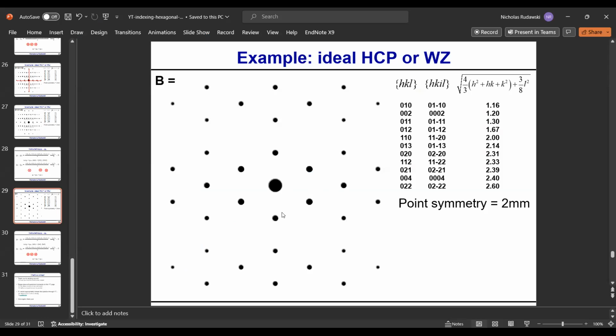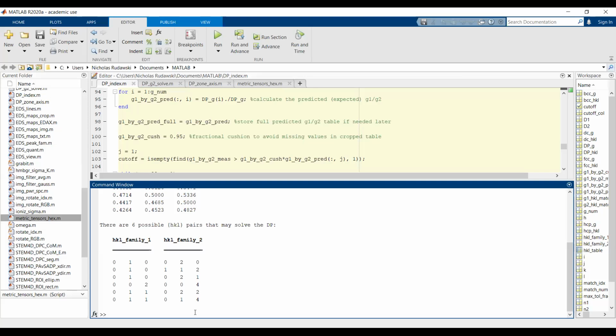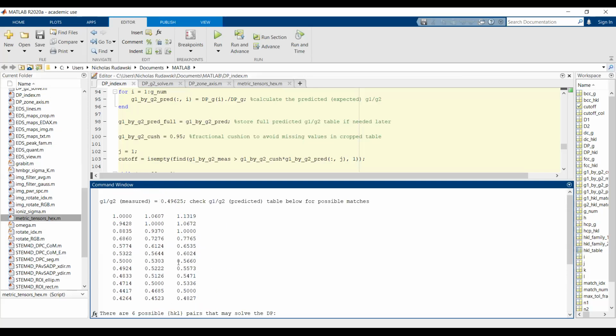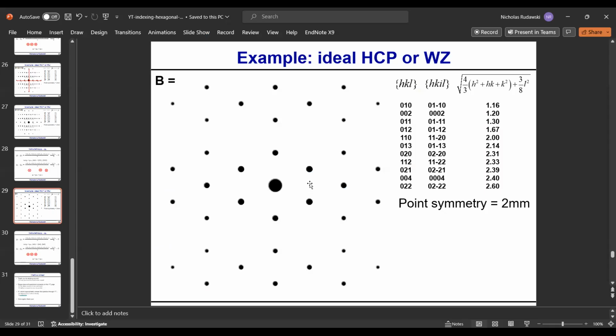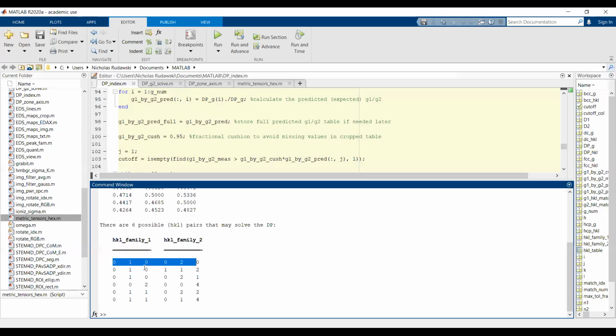What it's basically saying is we've got a ratio that's equal to 0.5. Yeah, so very, very close to 0.5, okay? Okay, so this can't work, right? Because let's say that this is 0, 1, 0, and 0, 2, 0. Okay, we would be seeing, right, a 0, 1, 0 spot here if that was the case. Okay, since we're not seeing the spot there, it can't work. Okay, so we can rule that out.